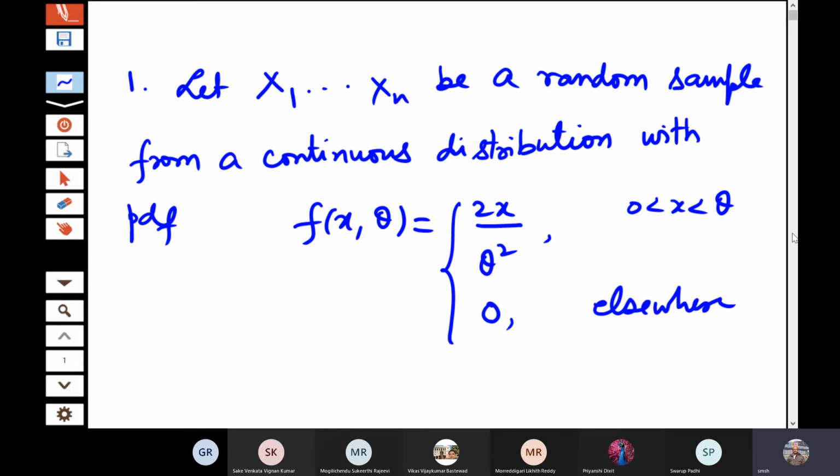So we will look at this distribution and various kinds of inferences we will try to do.